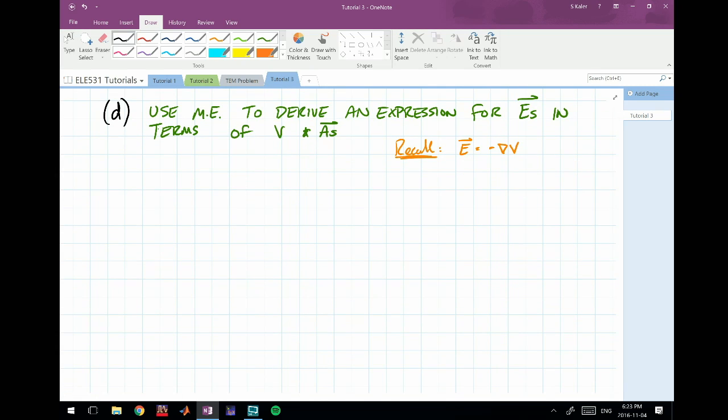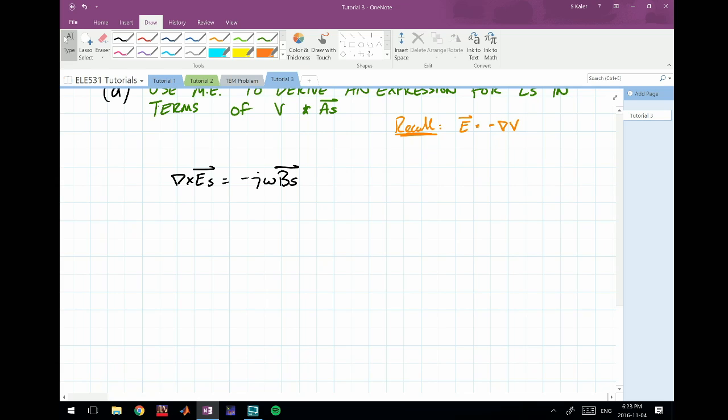Here again we have some mathematical manipulation we have to do, but we start with Maxwell's equations. In particular, we start with Faraday's law, and we want to be in the frequency domain. So this is minus j omega BS. I can also write here that BS equals the curl of AS. So we substitute BS into this equation, and the curl of ES is minus j omega times the curl of AS.